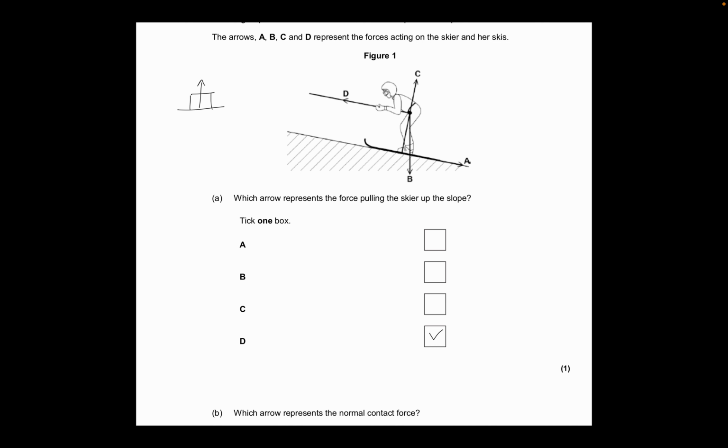You can consider weight acting downwards, and the normal contact force acting in opposition to the weight of that object. This is just an explanation of what normal contact force is.